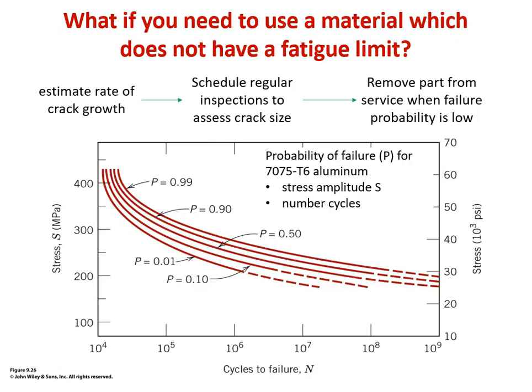So that just gives you an idea of how you would design. You could either design around a known number of cycles to failure or a known tolerable probability of failure, depending on how sure we want to be that we've failed.